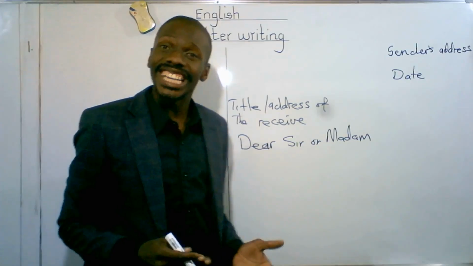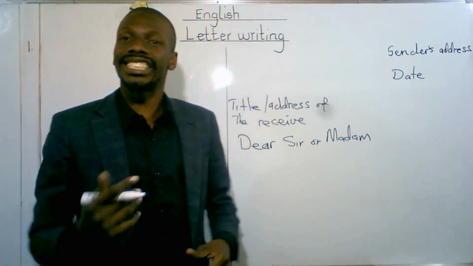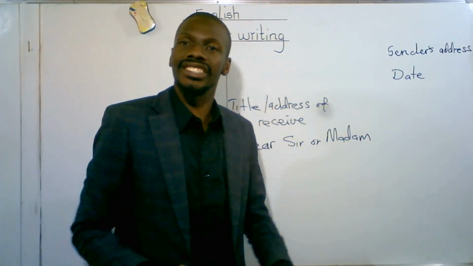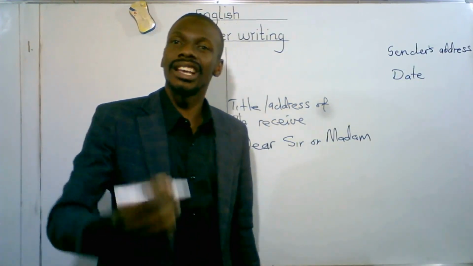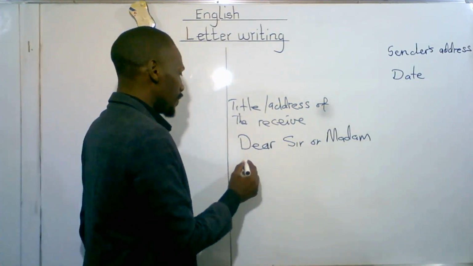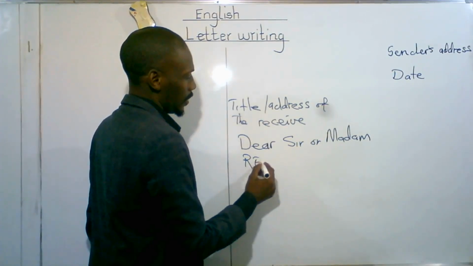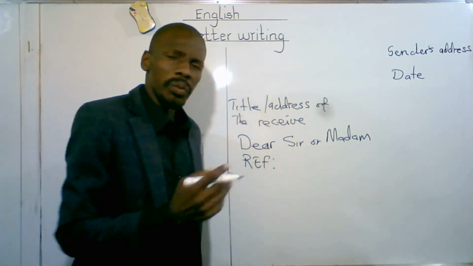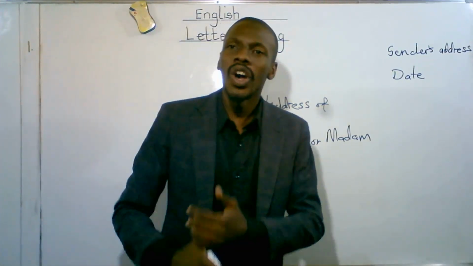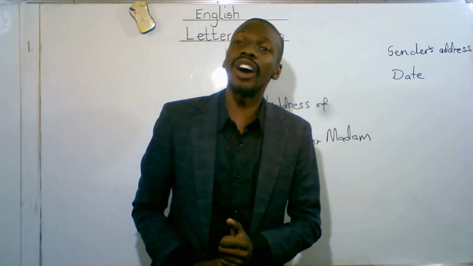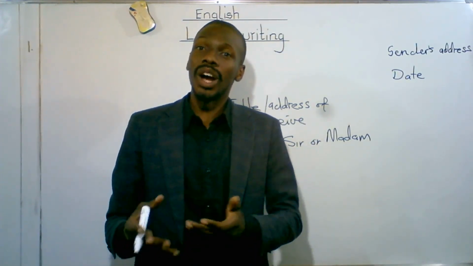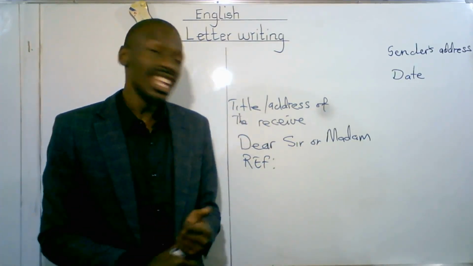From the salutation, we go to the title or the reference. Why am I writing this letter? Every formal letter is supposed to have a title, the one we are referring to as the reference.